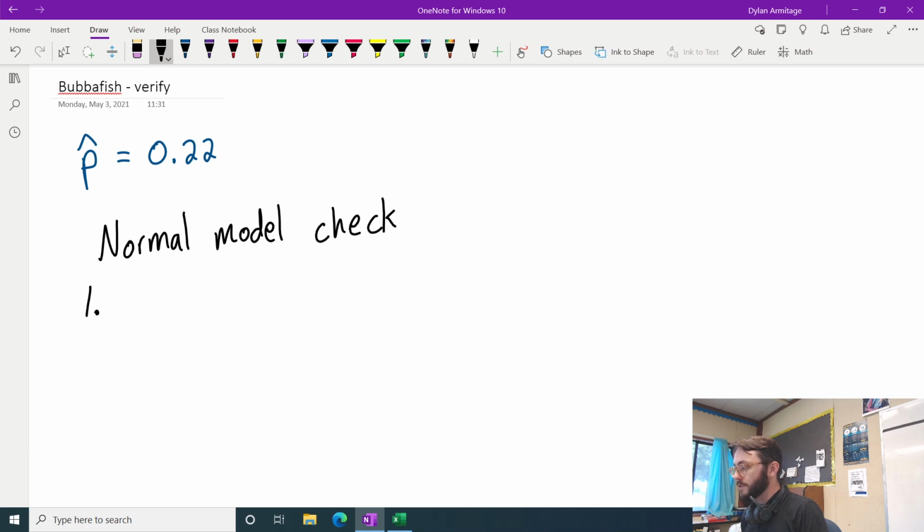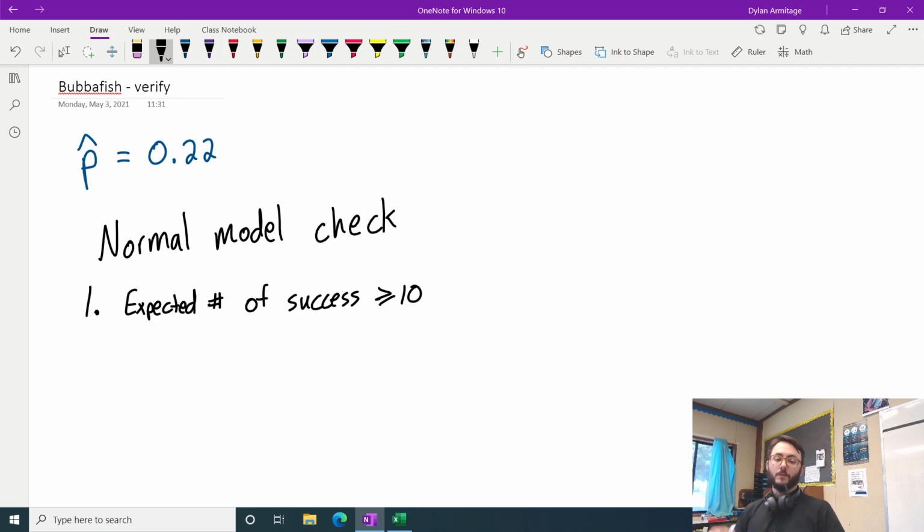So first, is the expected number of successes greater than 10? Well, we saw when sampling that that was the case in this particular situation, because that would simply be n times p hat.